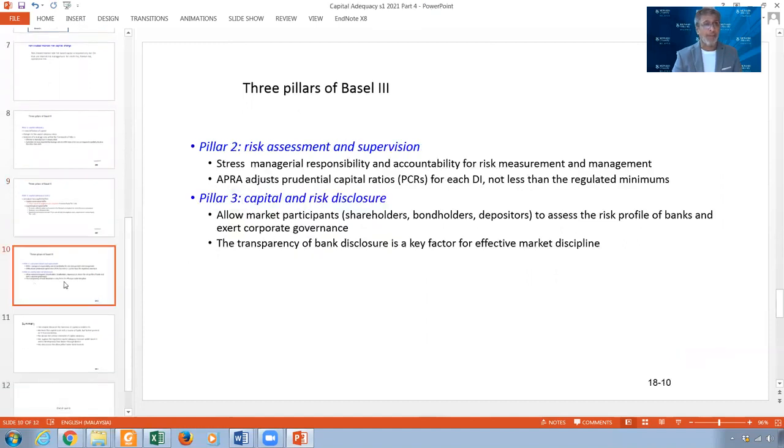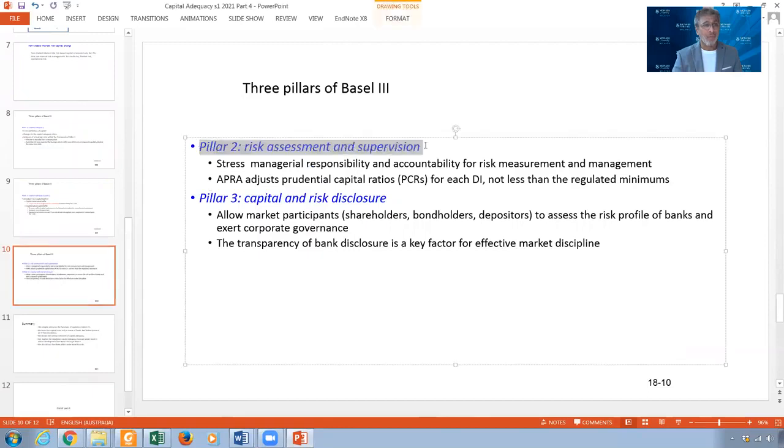Now, maybe we didn't talk a lot about Pillar 2, and this is all you need to know about Pillar 2. Pillar 2 stresses the managerial responsibility and accountability of risk measurement and management. APRA, which is the Australian regulator, adjusts prudential capital ratios for each deposit institution, not less than the regulated minimums. So they can do that.